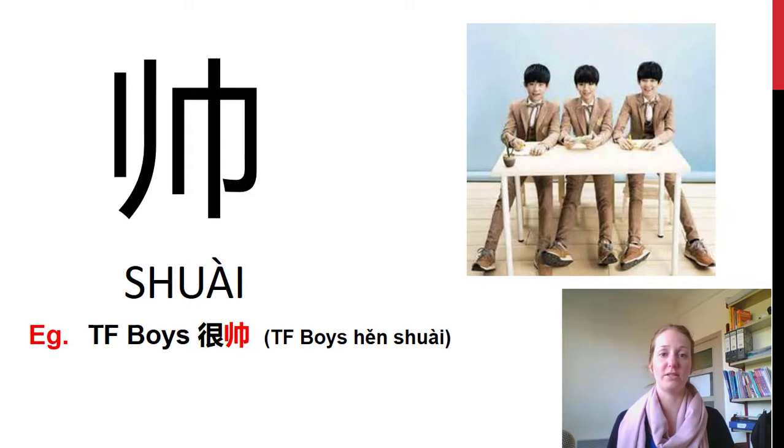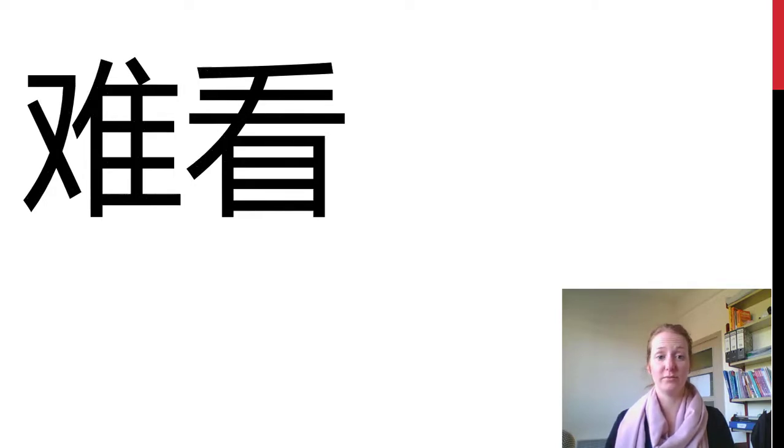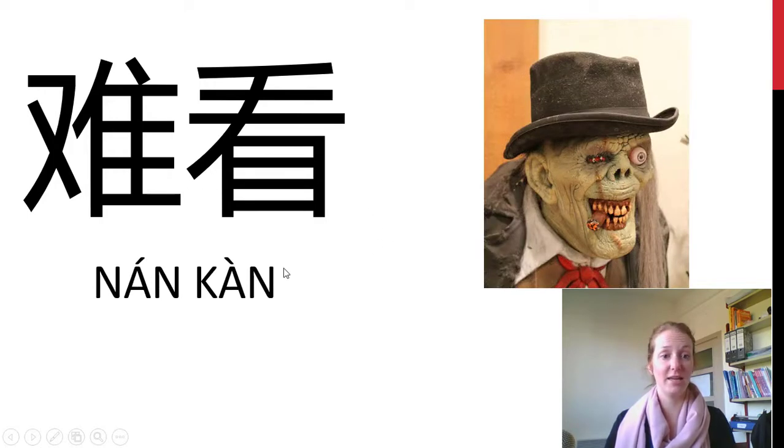So this one applies just to boys. 帅。我的男朋友很帅。这是什么？这是难看。难 literally means difficult. So difficult to look at is ugly.